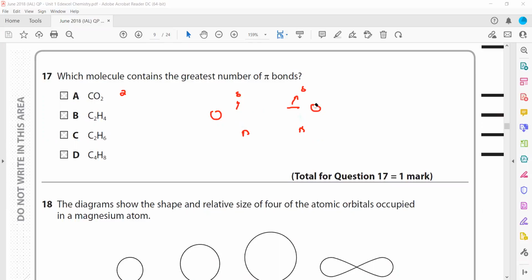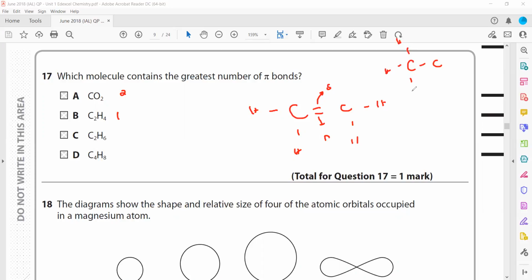When I draw ethene, C2H4, a single bond is always sigma, so single I don't have to consider. One will be sigma, one will be pi. So this contains only 1 pi. Ethane, all are single bonds, so there is no pi bond, all are sigma.